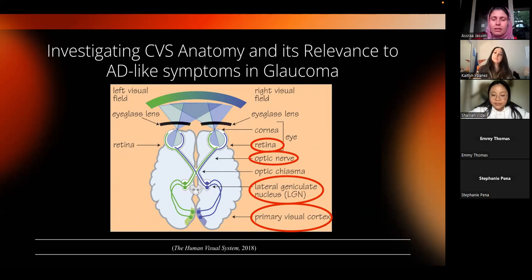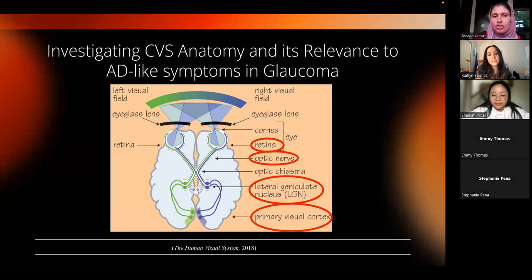But the title, Investigating Central Nerve, CVS, what is that, CVS? The central visual system. And you define that, right? Yes. It's just that sometimes it's confusing because it's very close to central nervous system, so I would just reiterate what it means.